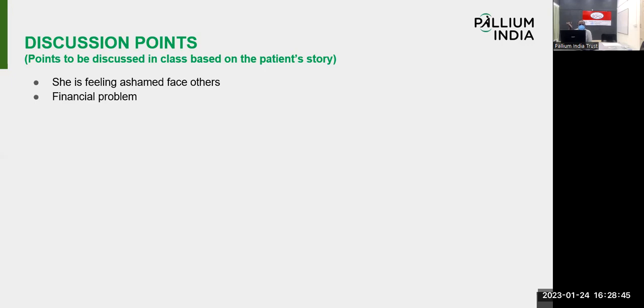I see that she has 5 sons. So if any of them can be given rehabilitation according to the family needs and the environment, that would be good, so that it will give consistent income for the family rather than giving money to the patient.